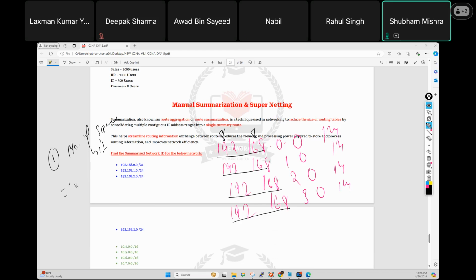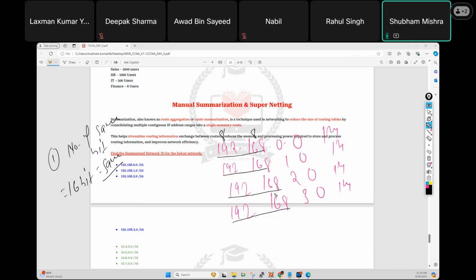It means 16 bits are the same, common bits. In each network ID, 16 bits are common. Yes or no?